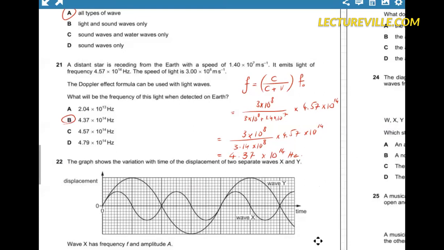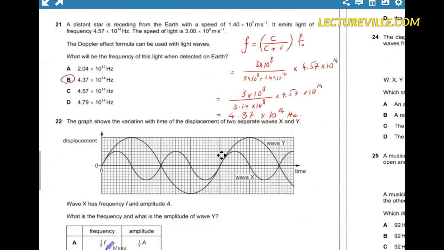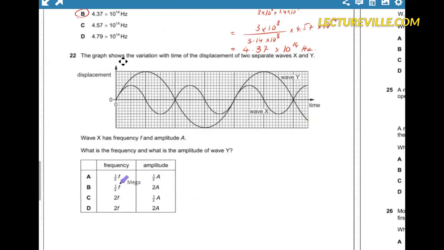Okay, next question is again from waves. The graph shows the variation with time of displacement of two separate waves x and y. Wave x has frequency f and amplitude a. What is the frequency and amplitude of wave y? This is wave x. Now, the amplitude of wave y is obviously double, so it is 2a.